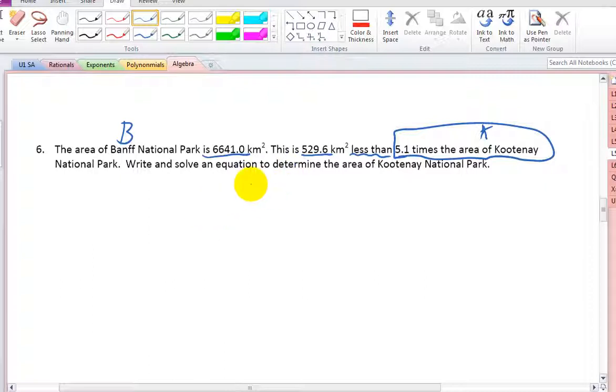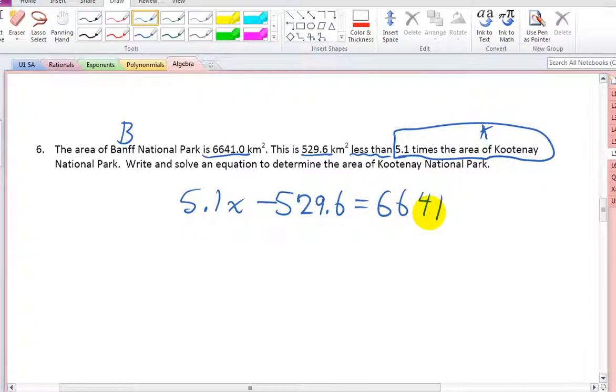Well, 5.1x, good, or k, whatever you want to call it. We actually have to take it away. 529.6. Good. Okay. So then you can go and solve for x.